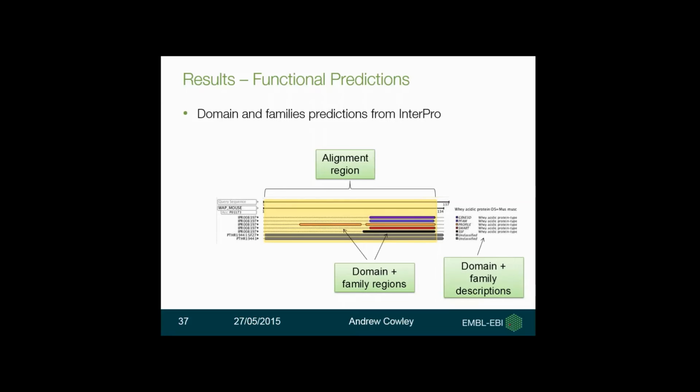So before you transfer annotation and particularly functional information from your database sequence to your query sequence, you really want to check that your alignment also covers those same domains that are responsible for that function. So InterPro is a really good resource for checking the protein domains, which are very functional. And there's a list of the descriptions on the right-hand side as well for the hits that it's found.